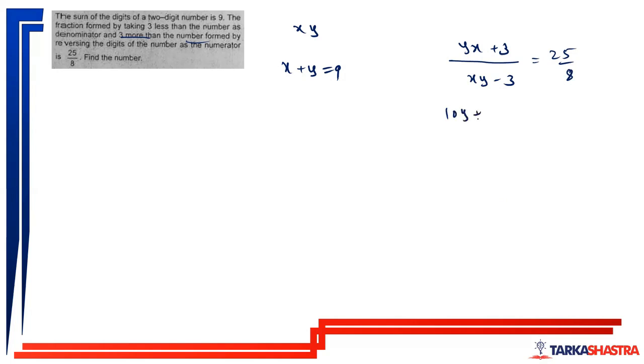So (10y plus x plus 3) over (10x plus y minus 3) is equal to 25 by 8.